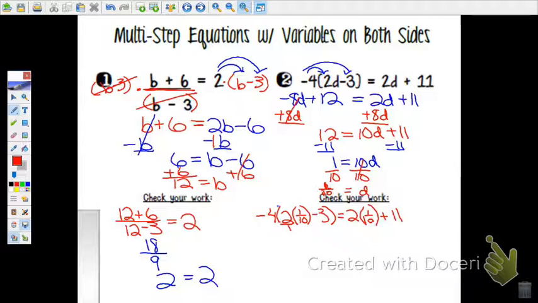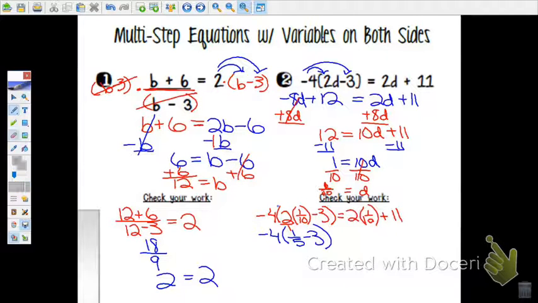2/10 simplifies to 1/5. So I have 1/5 minus 3. What do I do to subtract with fractions? I need a common denominator.